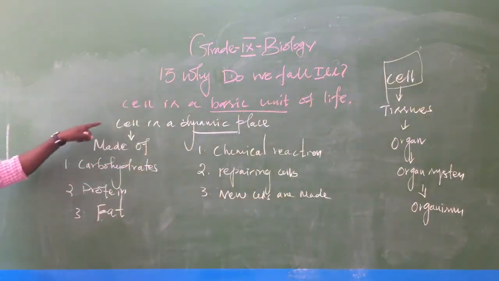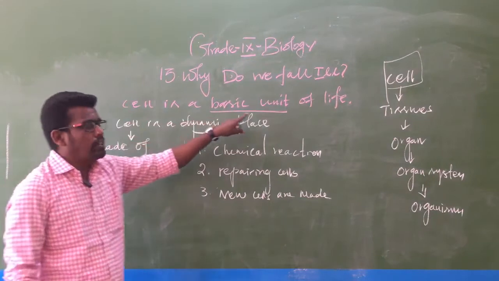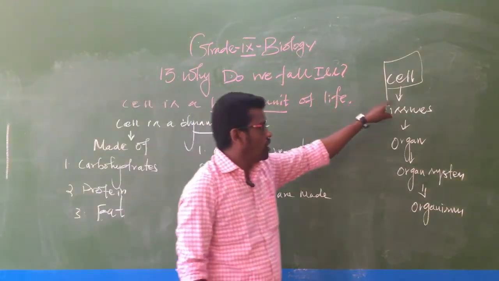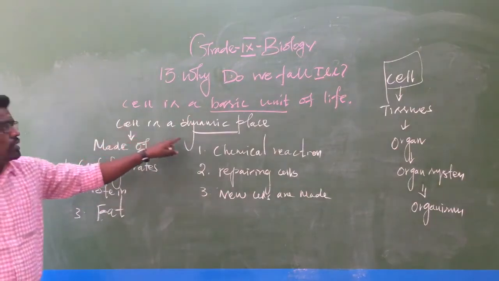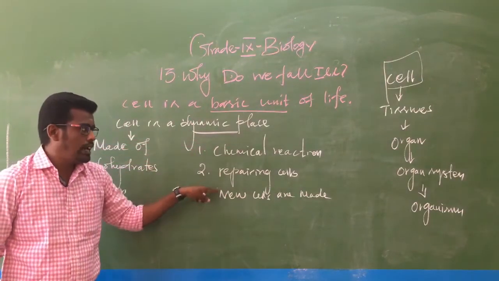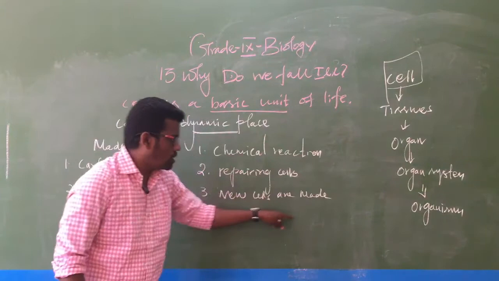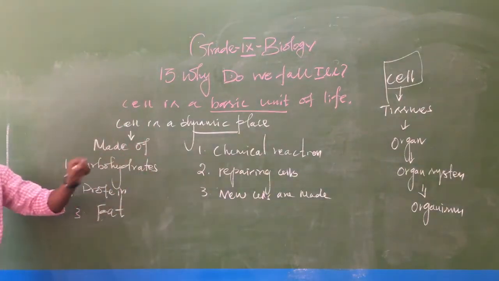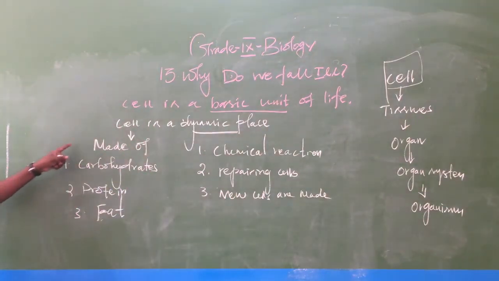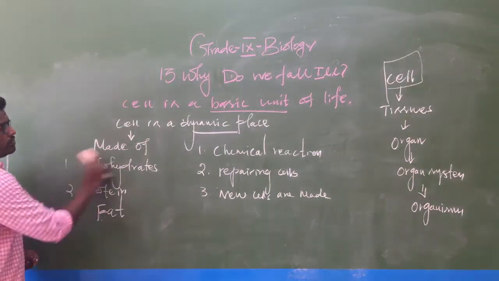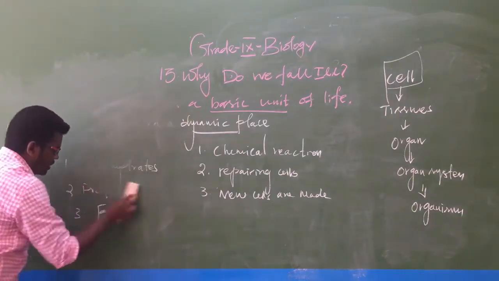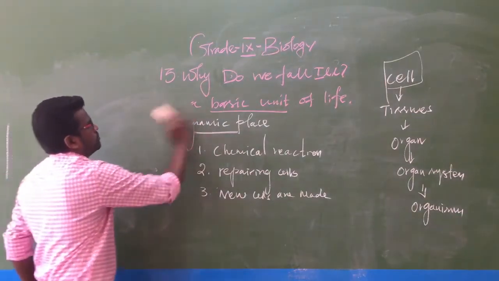So now we have discussed that the cell is the basic unit of life, and that the cell is a dynamic place because these things occur inside the cell. And the cell is made up of carbohydrate, fat and protein. So this is just the introduction.